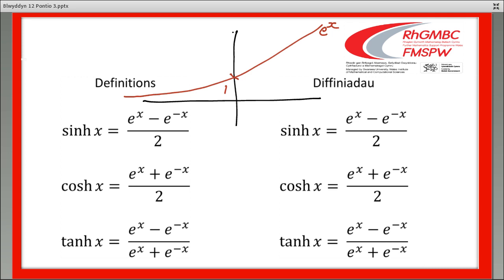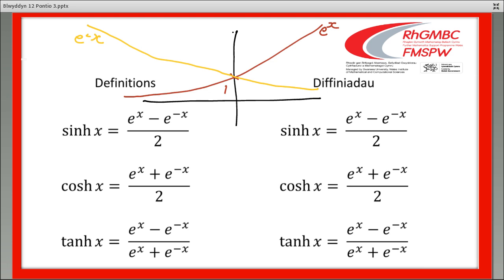This one comes down this way. Art was never my strong point. E to the minus x. So there we are. Those are the two curves. So we're either adding them to get cosh, and when we add them, we divide by 2. I will put copies of the graphs up, but that's where they come from. They come from those two graphs.